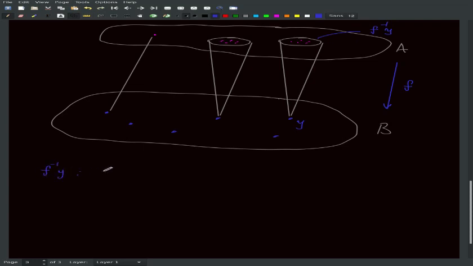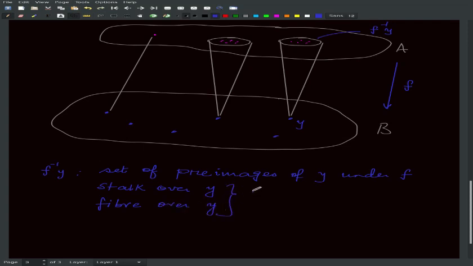I have used the name the set of pre-images of Y under F. There is also another name, the stock over Y, or the fiber over Y by F.